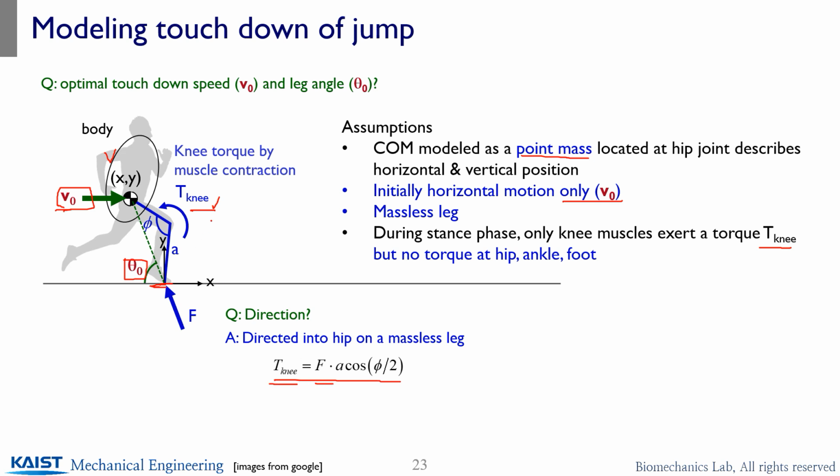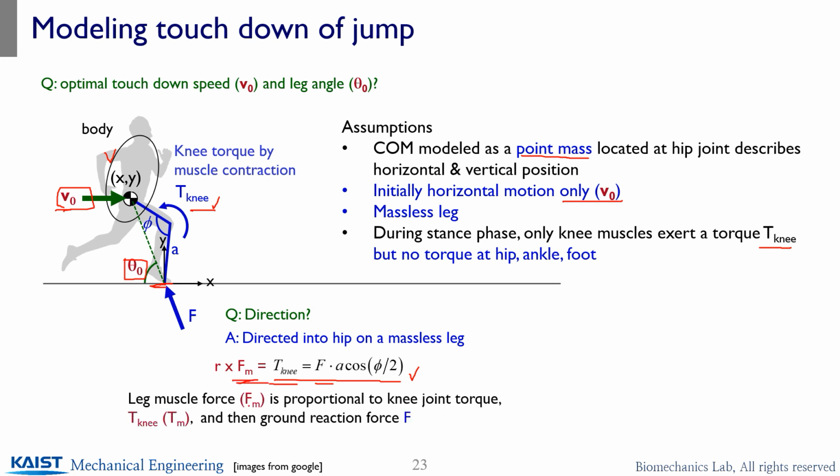By exerting the knee torque, we push the ground, so the ground reaction force has a relationship with the active actuation in this manner. And knee torque again is generated by muscle contraction, right? So we have such a connection between the muscle force, which is proportional to the knee joint torque, which is a function of the ground reaction force.